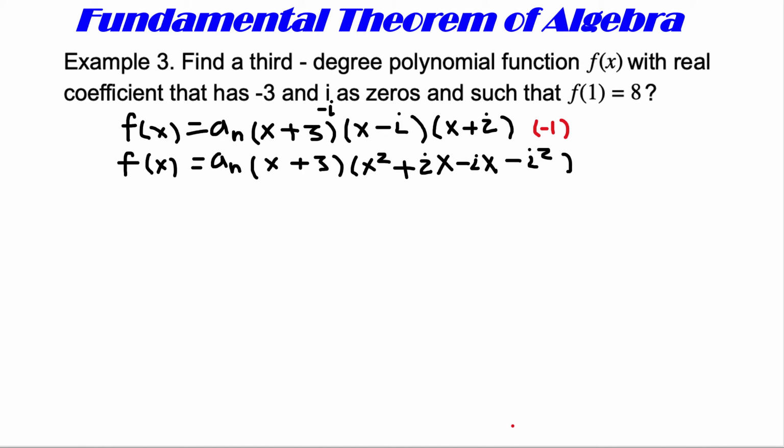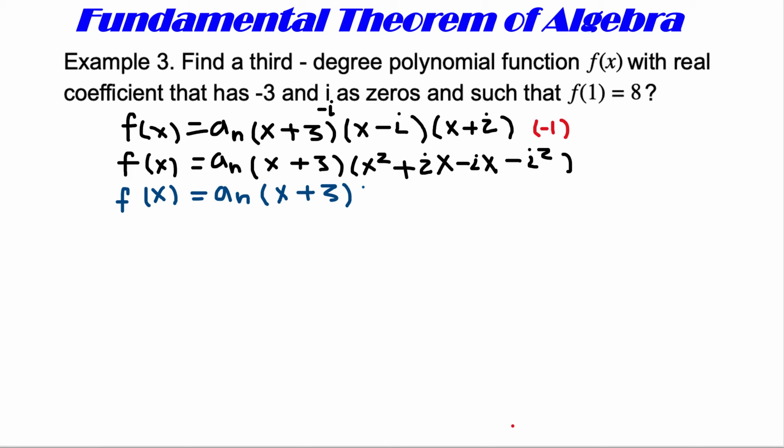But first of all, let's write this function in a simpler form. And like terms, let's add or subtract, let's work with them. So a_n is here. And now I have x plus 3.